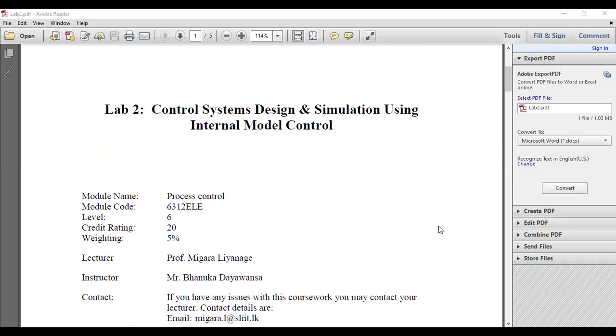So last week we discussed general control systems, like how to build a PID controller, right?